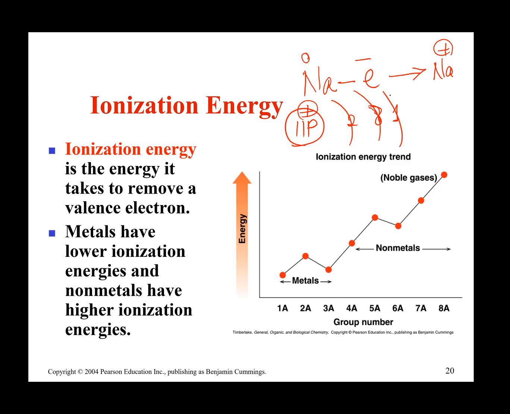Although outer shell electrons are not as much pulled because of inner shell electrons, however, they are being pulled by 11 protons. If this electron is going to be removed from the atom of sodium, there is energy needed to pull out the electron.